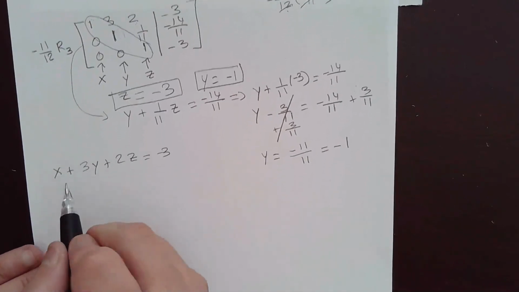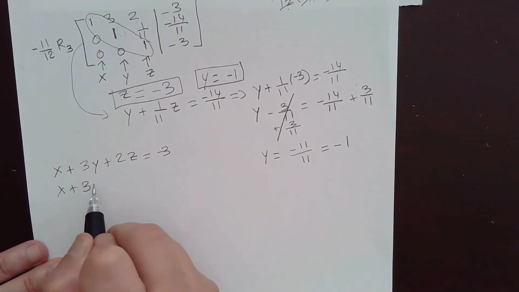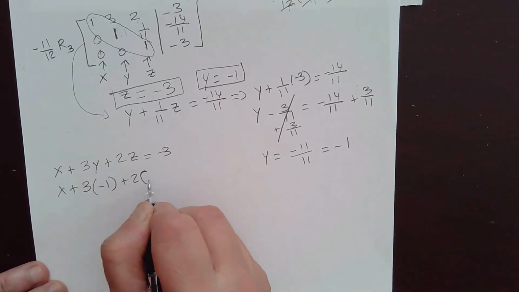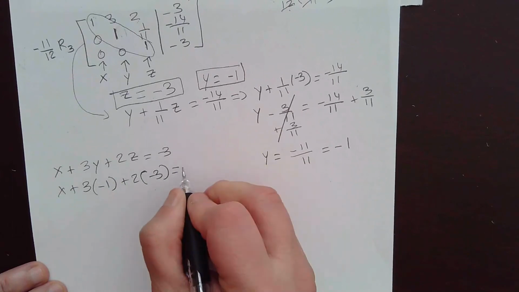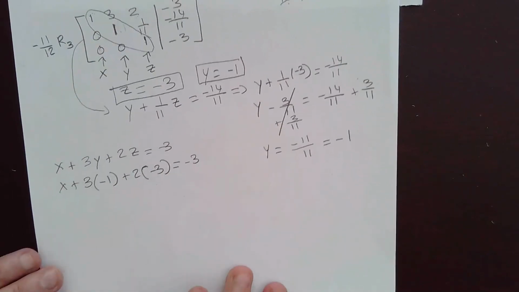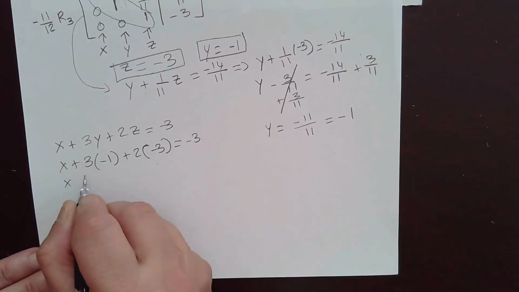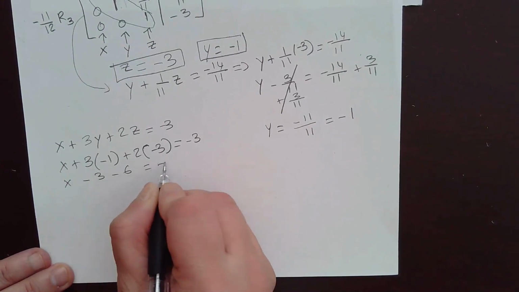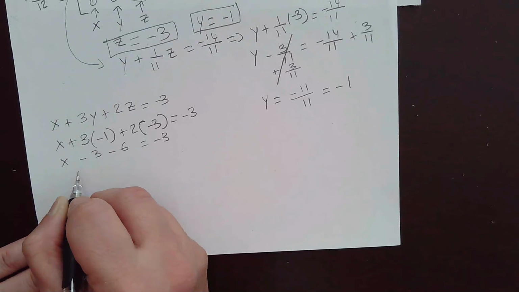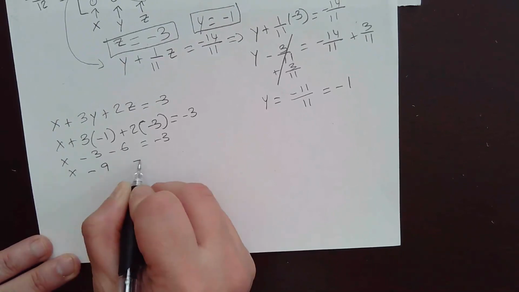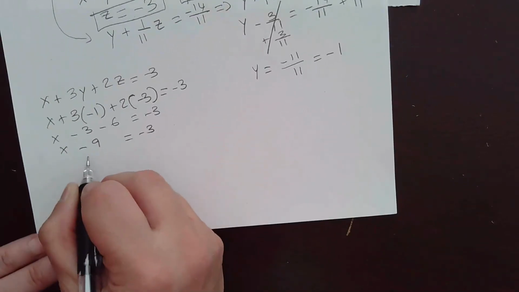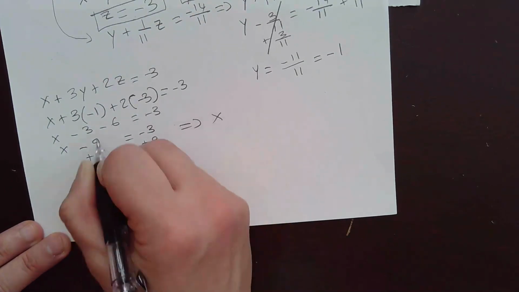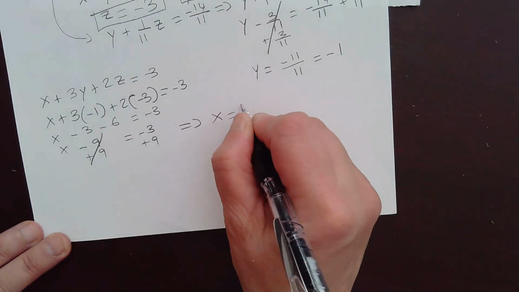So x plus 3 times negative 1, plus 2 times negative 3: x, negative 3, negative 6, equal to negative 3. So that will be x minus 9 equal to negative 3. You add 9 on both sides, this cancels, and x equals 6.